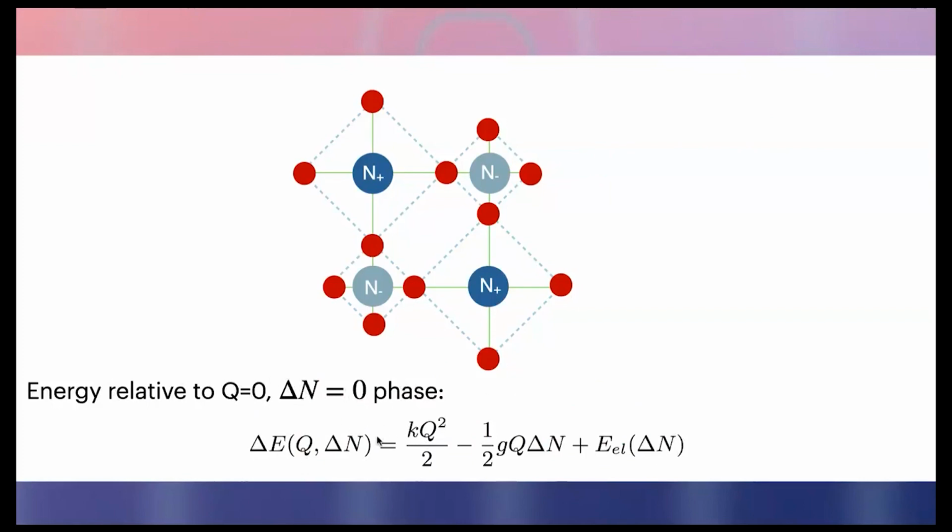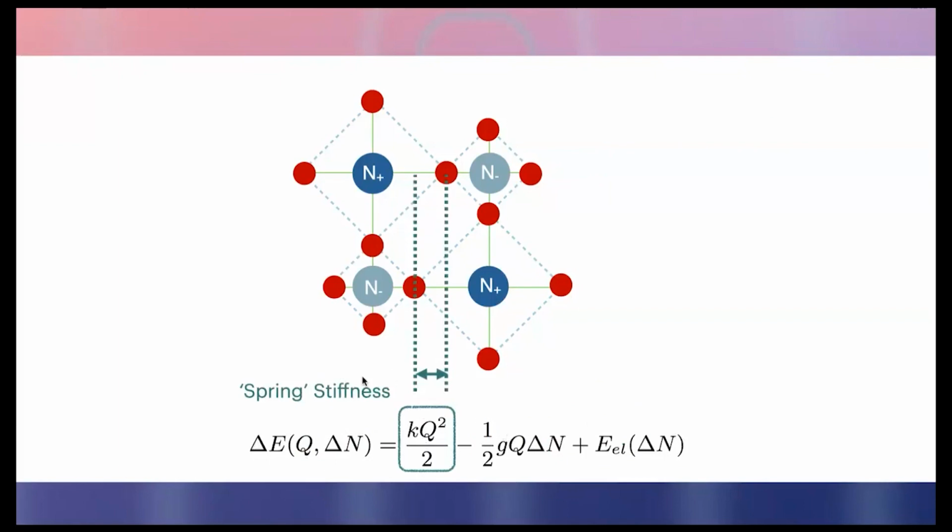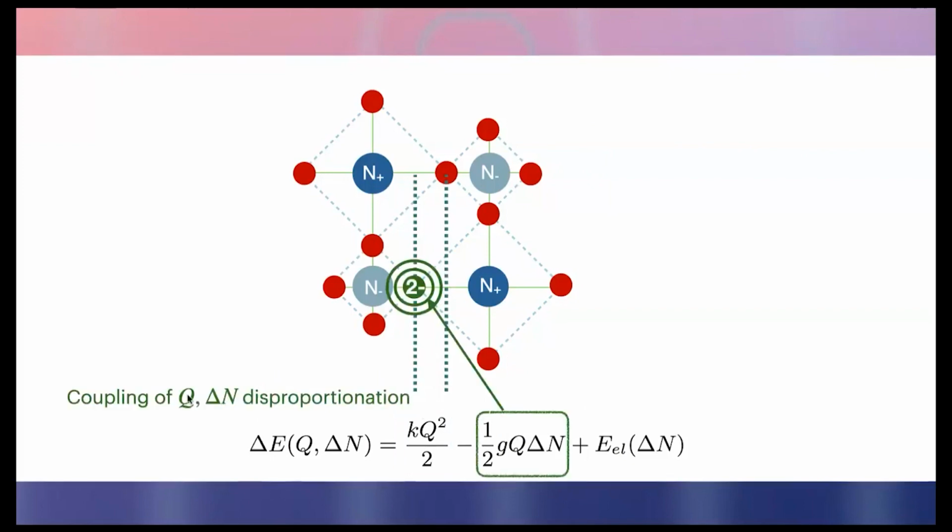This is a functional that characterizes the spring stiffness of the bonds, a coupling of the disproportionation of Q and delta N. One way to think of this is kind of like a difference, say, in atomic potential, right? So you have some atomic potential difference, and that's coupled to some occupancy difference, right? So you have some potential times charge, and that's an energy.